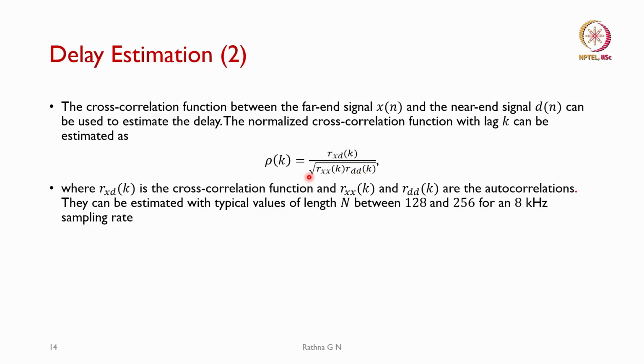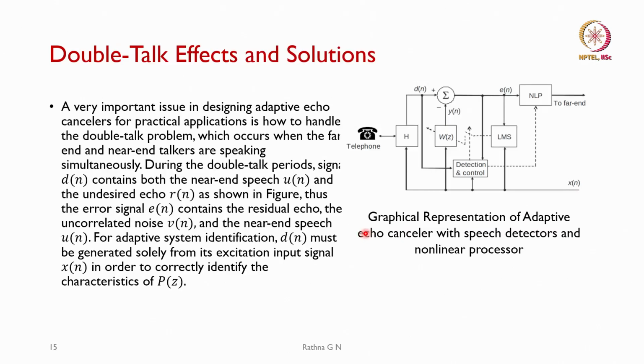So, r_xd is the cross correlation function, and r_xx(k) and r_dd(k) are the autocorrelations. It can be estimated with typical values of length N between 128 to 256 for an 8 kilohertz sampling rate, that is the narrowband frequency considered in this case.